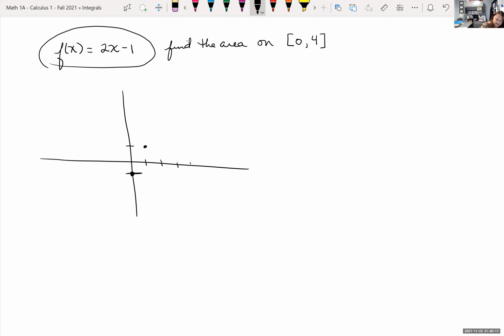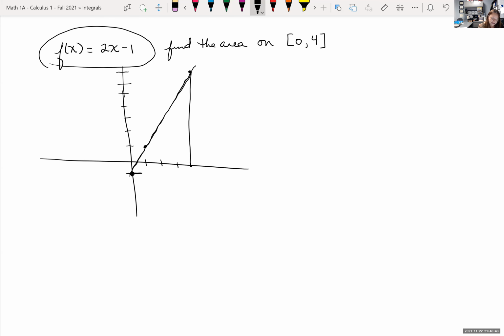So when x is 4, I can also plug that in. I'm going to get 7. So we have this line like this. So I technically could find the area of this.